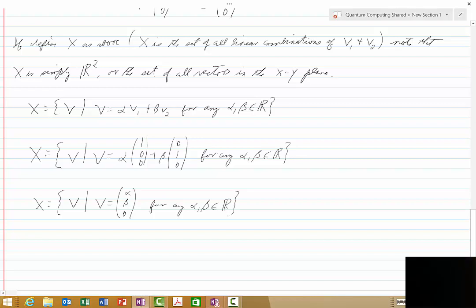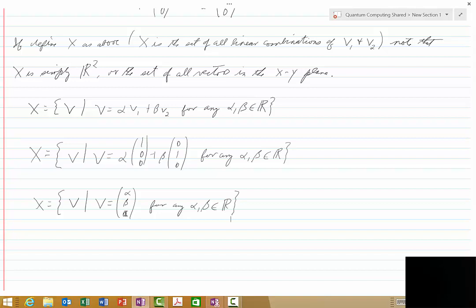And then you can clearly see from that that it's just the xy plane, because we're saying here that the x component can be any real number, the y component can be any real number. The only restriction is that the z component is 0. So this set x does coincide with the xy plane, which is also referred to as R2.